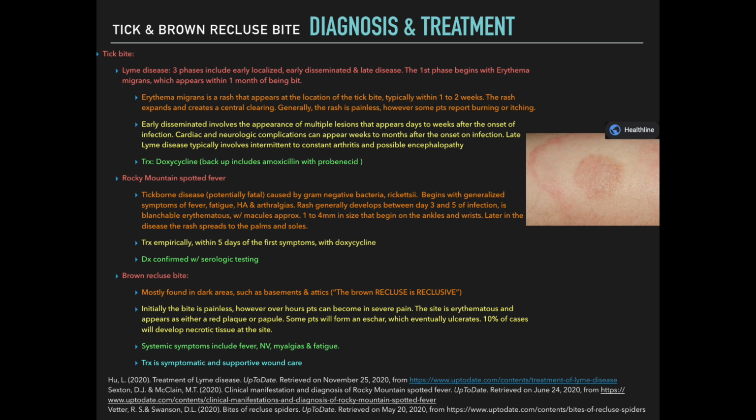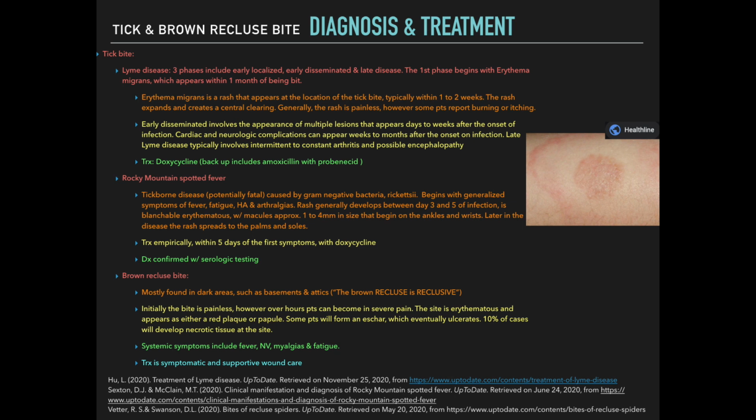Later in the disease, it can actually spread to the palms and the soles. Absolutely, we're going to treat these patients empirically, hopefully within 5 days of the first symptoms, and the treatment for this as well is going to be doxycycline. Diagnosis is confirmed with serologic testing.